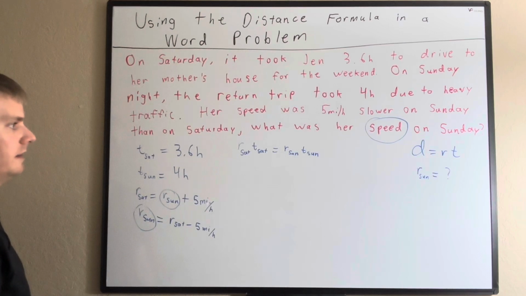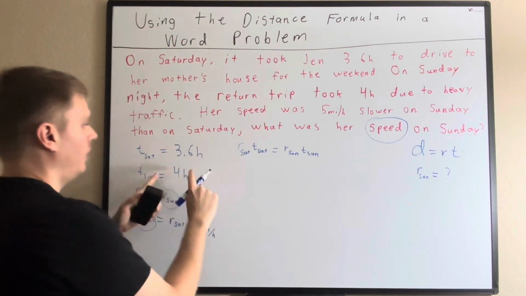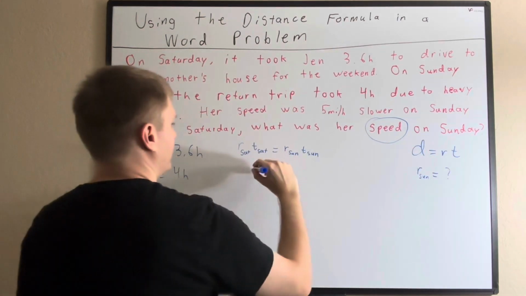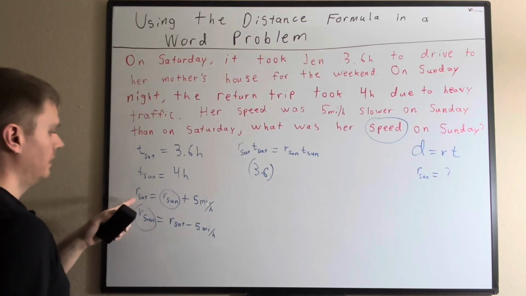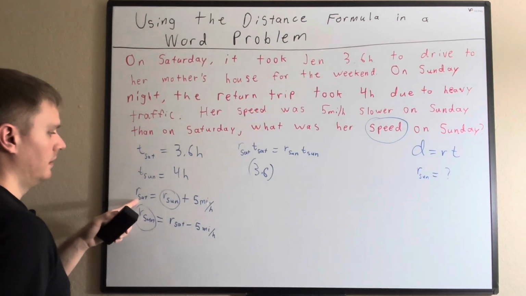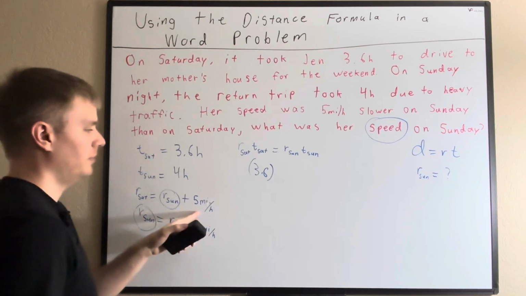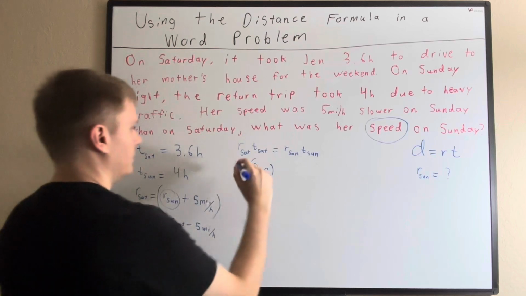Okay, well, what can we do here? Well, we can start substituting in all the things that we know. T Saturday is 3.6. Got it. R Saturday is R Sunday plus 5 miles an hour.